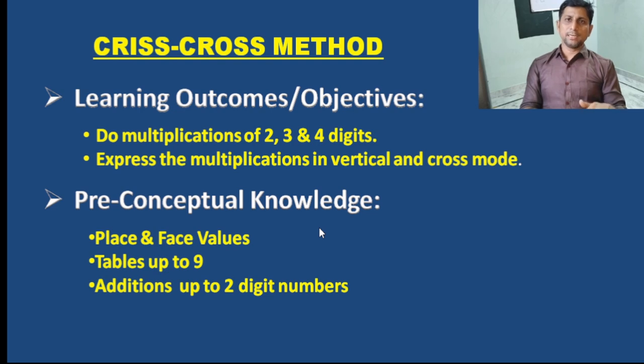So before teaching multiplication, as a teacher, we have to verify whether the students have the particular pre-conceptual requirements for that topic. That is the very important thing. In each and every video, I am explaining this pre-conceptual knowledge: what kind of pre-conceptual knowledge students should have to be taught any new concept. That is very important for a teacher to teach in the classroom.